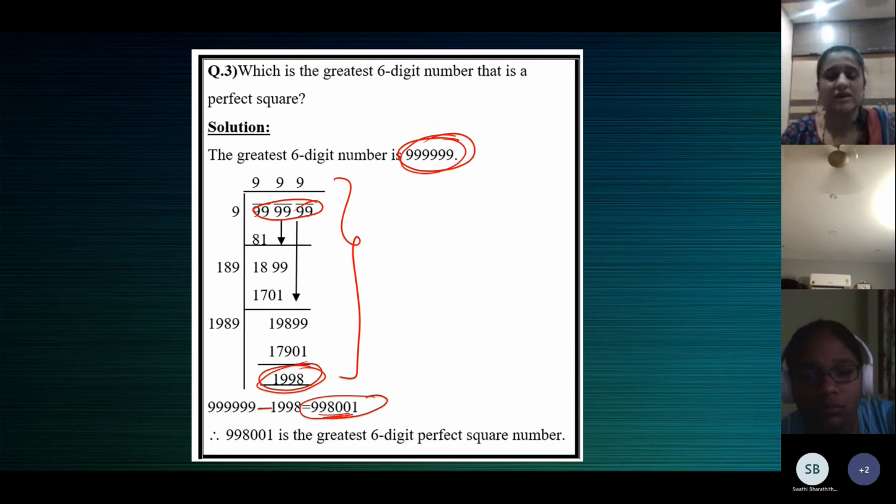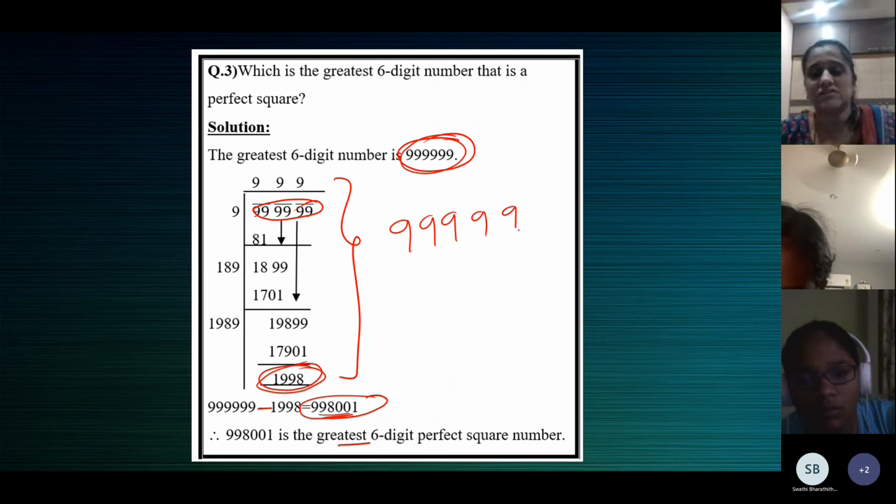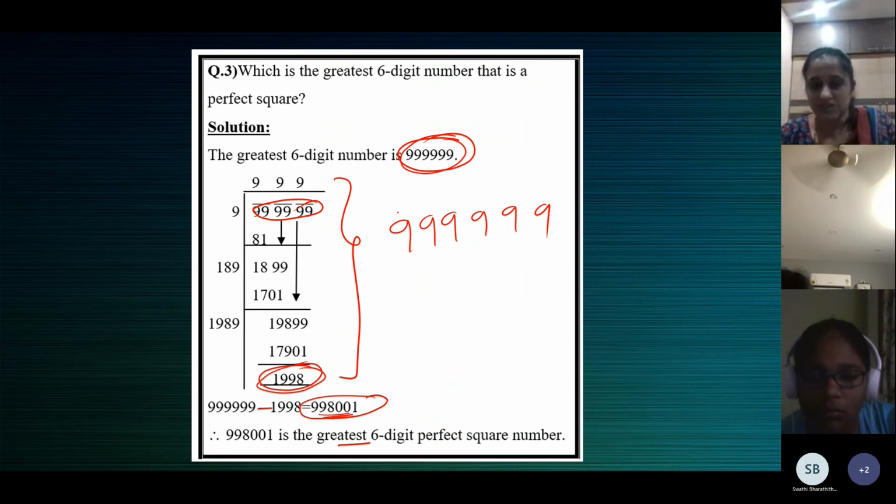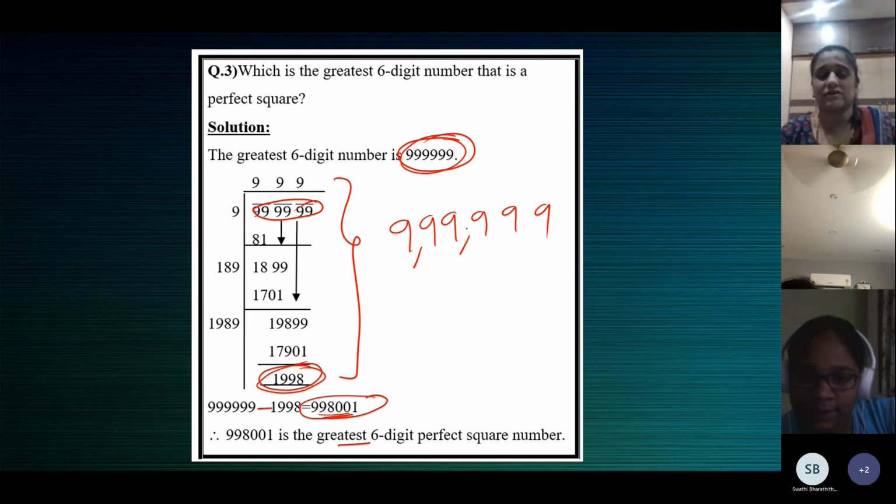That new number is the greatest 6-digit number that is a perfect square. See, the greatest 6-digit number is this one only, but it is not a perfect square.